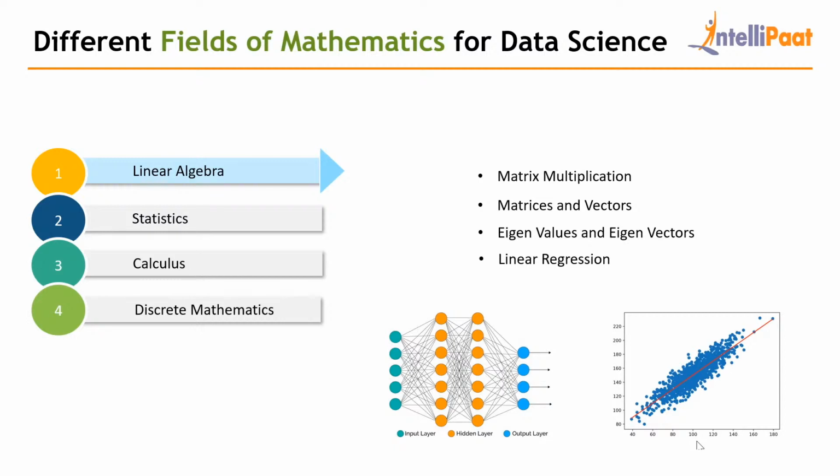As in the previous example that we already discussed, calculating the change of temperature, or predicting the rainfall according to different parameters like temperature, humidity, and many others. So we use linear regression and linear equations that are an important part of data science.